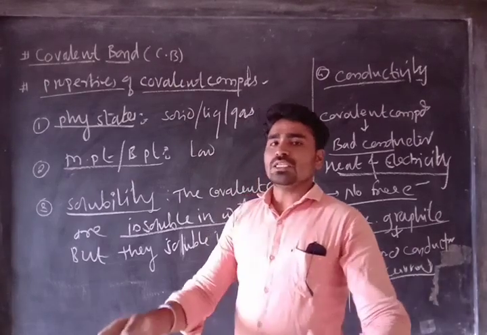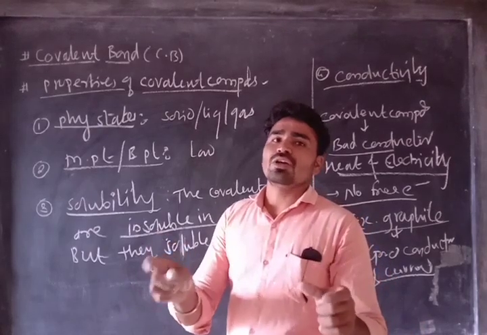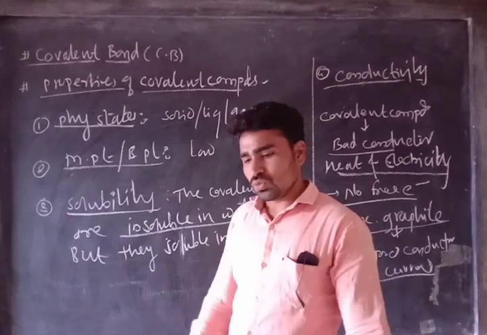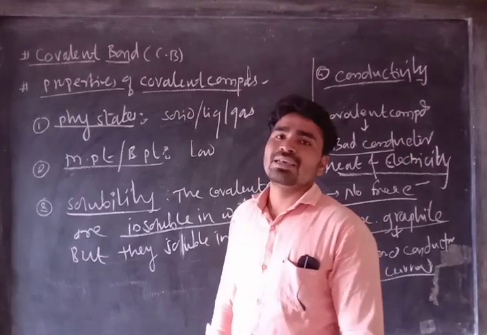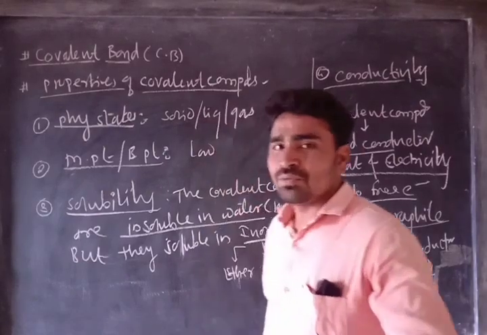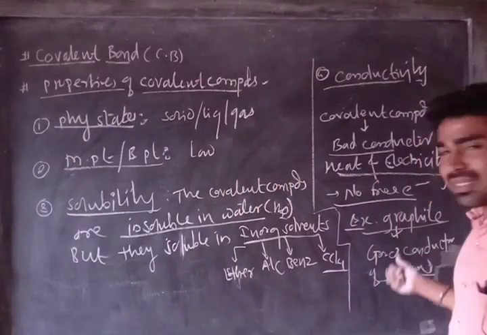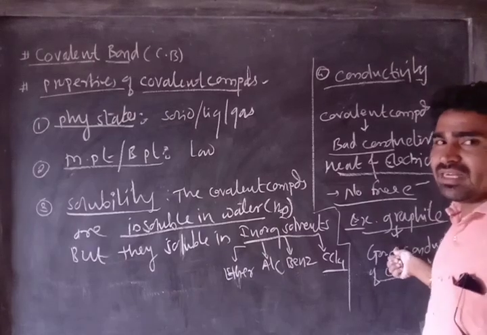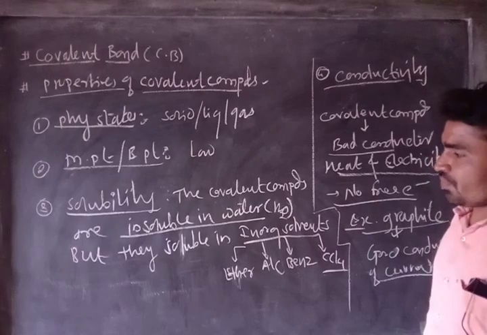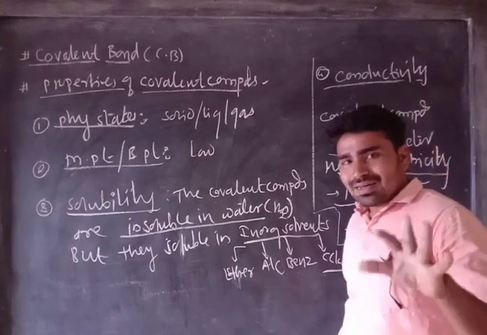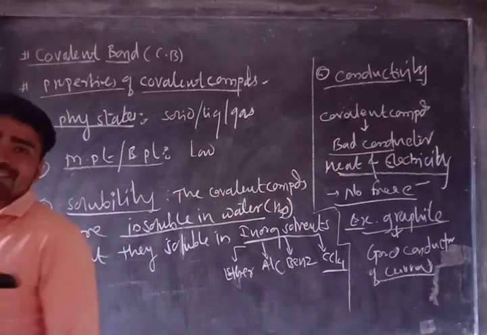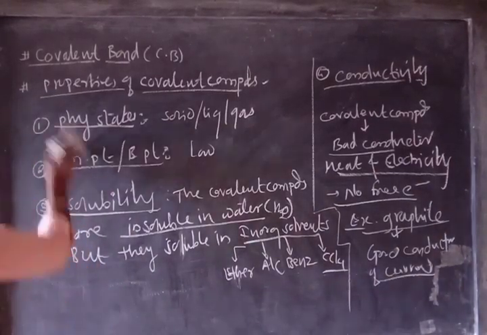You just connect these two terminals of the cell or battery through this lead pencil, then definitely the bulb will glow. It indicates that graphite, which is nothing but your lead pencil, is a good conductor of electricity. So this is mostly the characteristics of covalent compounds.